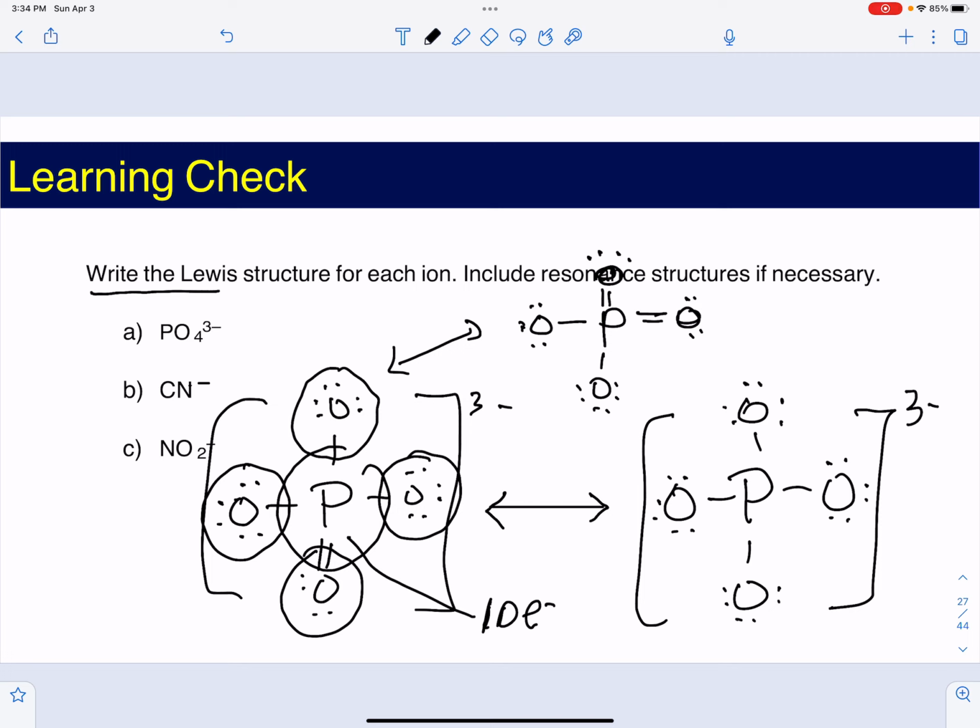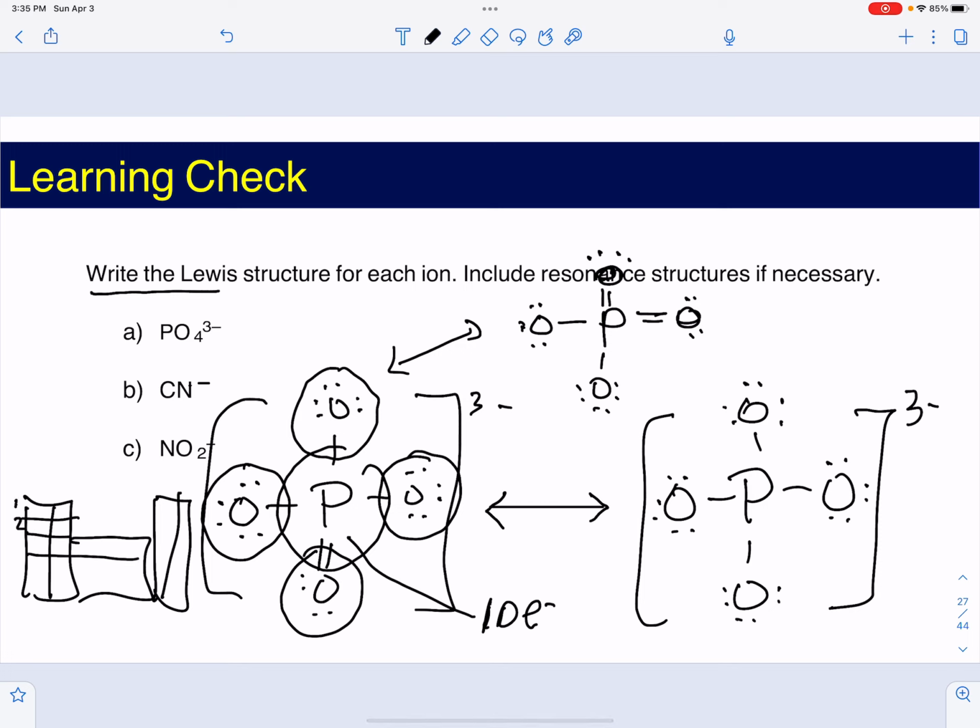However, there's a rule. When you go to the periodic table, you're going to have period 1, period 2, period 3. Any element that is on period 3 or below can have more than 8 electrons around it.